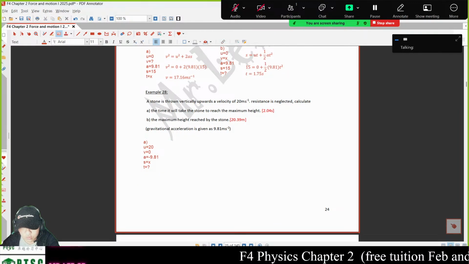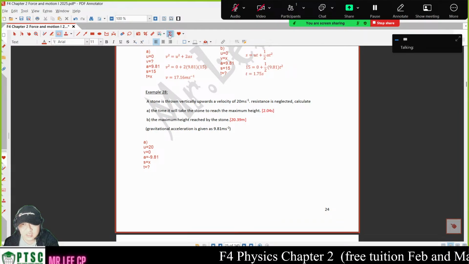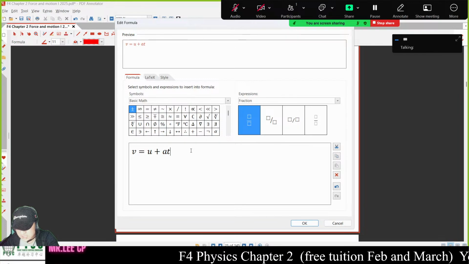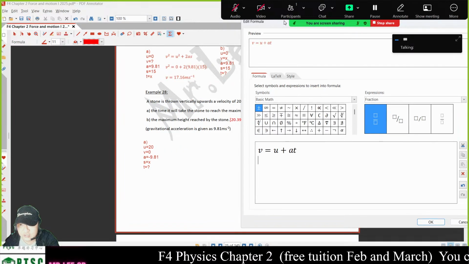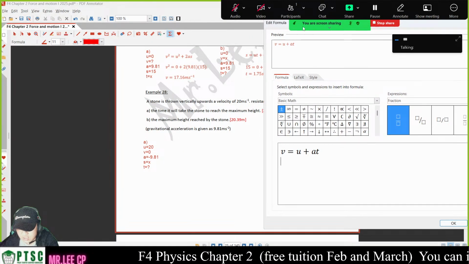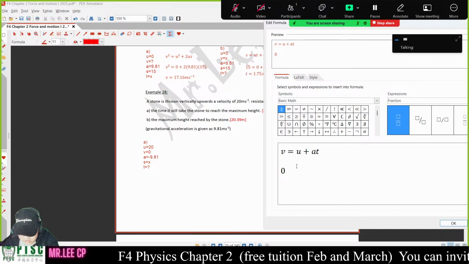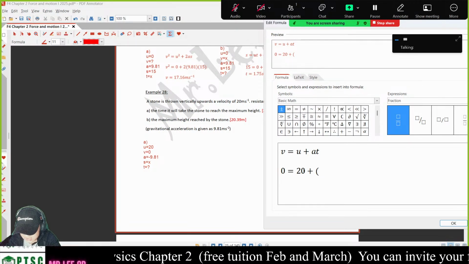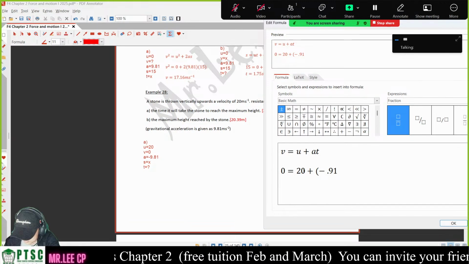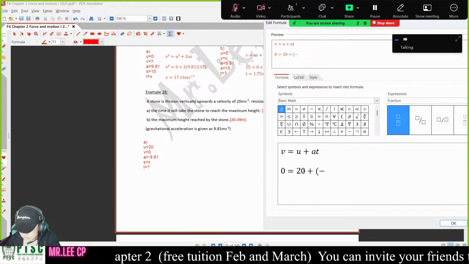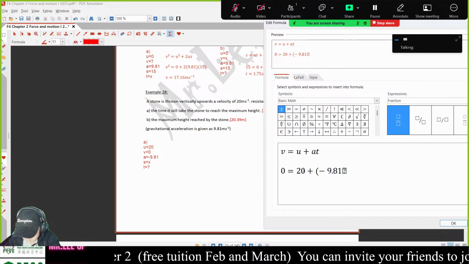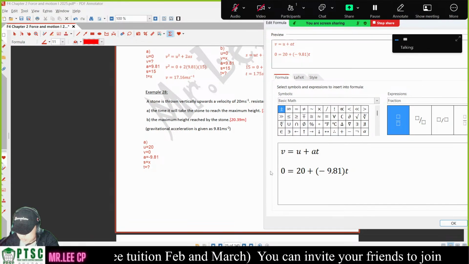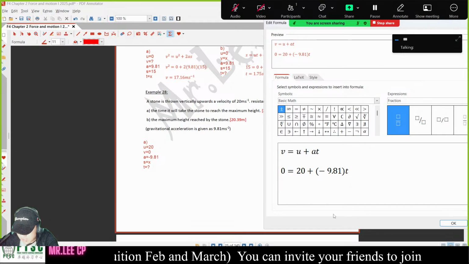No S is the first formula. V is equal to U plus AT. V is 0. U is 20 plus A is negative 9.81, and then T. So 20 moves to here, becomes negative.